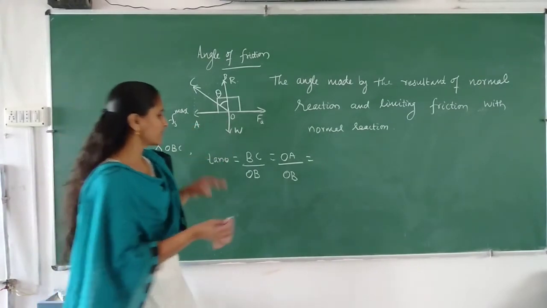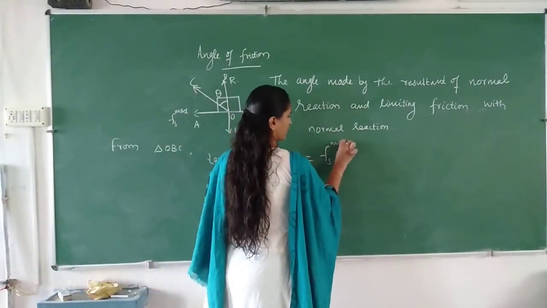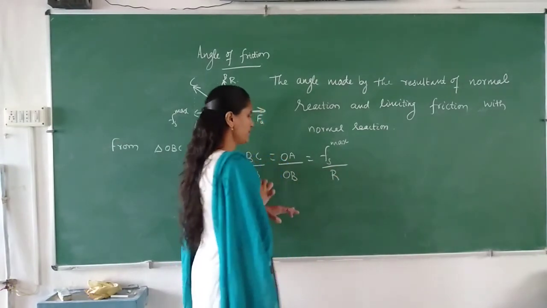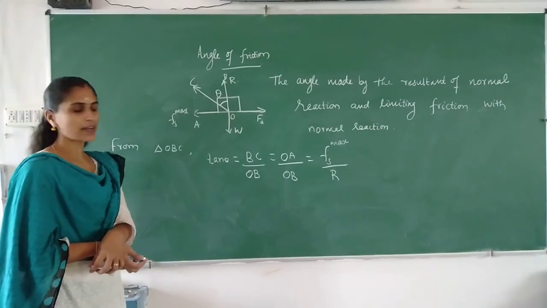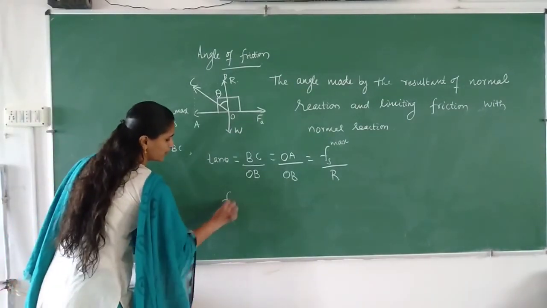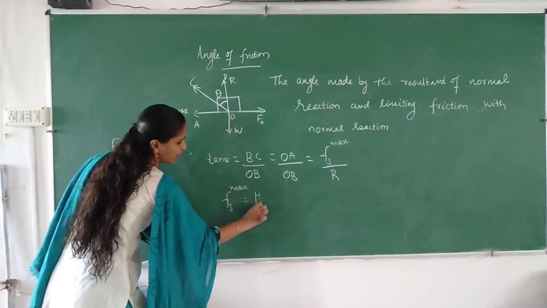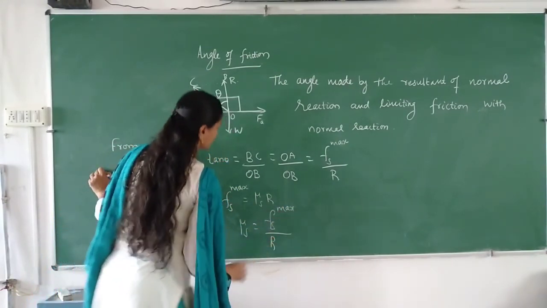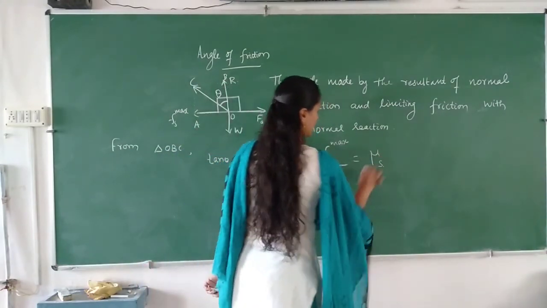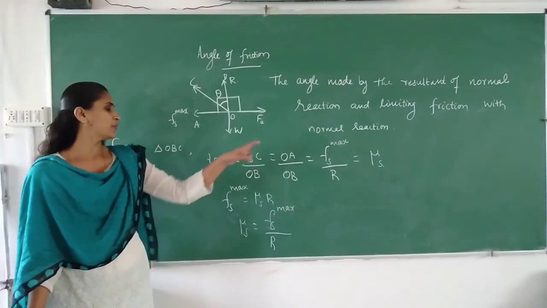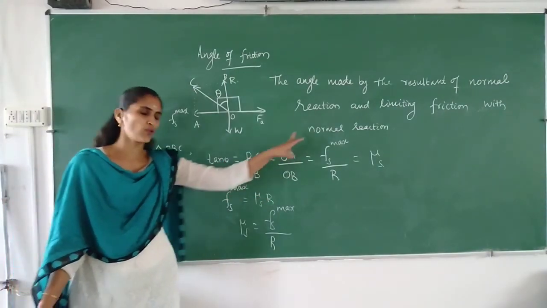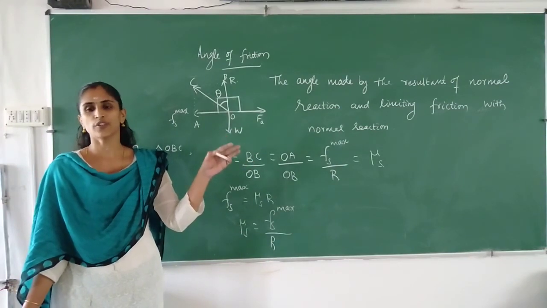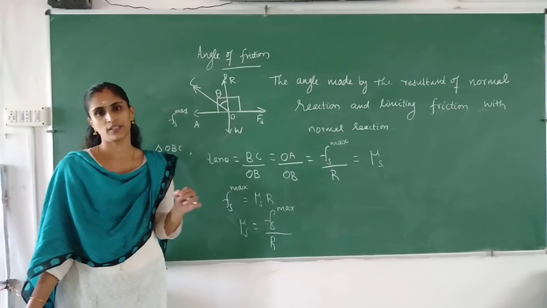OA is equal to Fs max, and OB is R. So tan theta is equal to Fs max by R. Already we know that Fs max is equal to mu s into R, so mu s is equal to Fs max by R. Therefore mu s is equal to tan theta. This is the relation connecting the coefficient of static friction and angle of friction. I hope all of you understood.